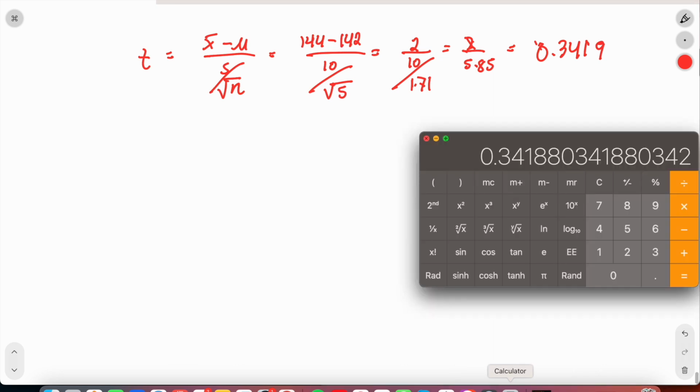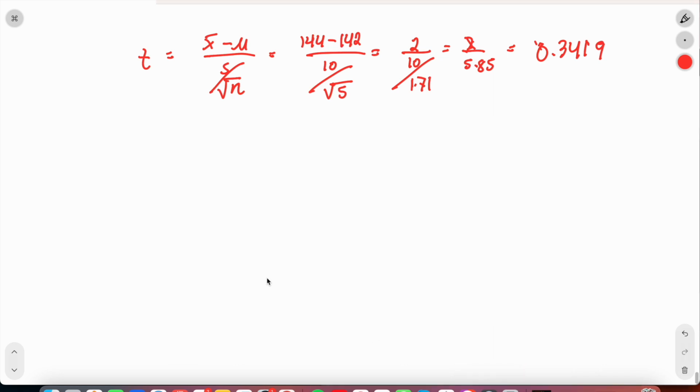Okay, great. So we have the t value here.